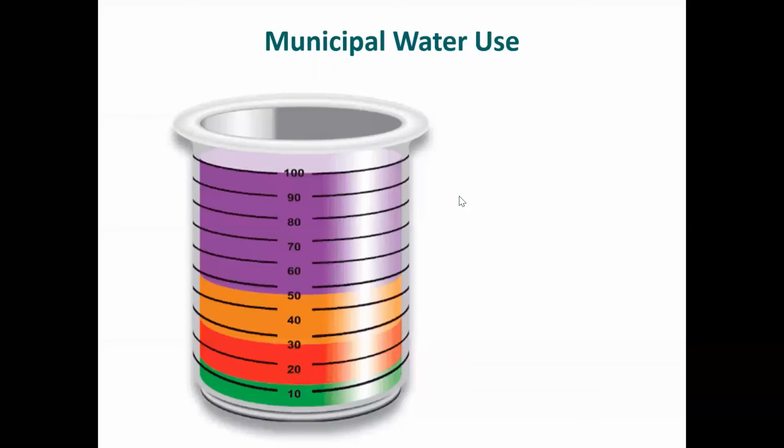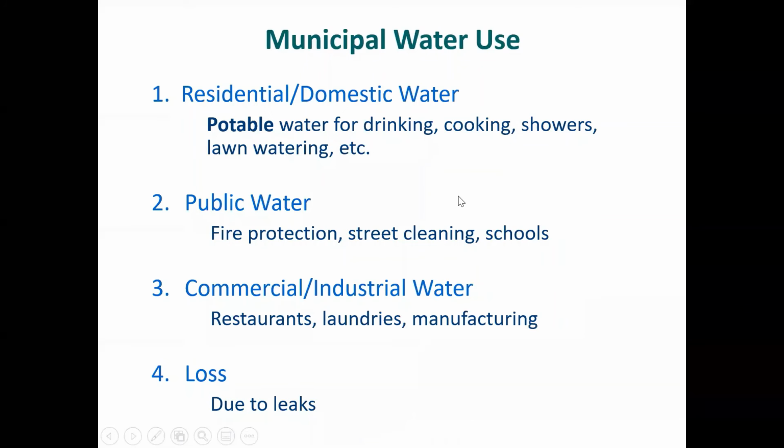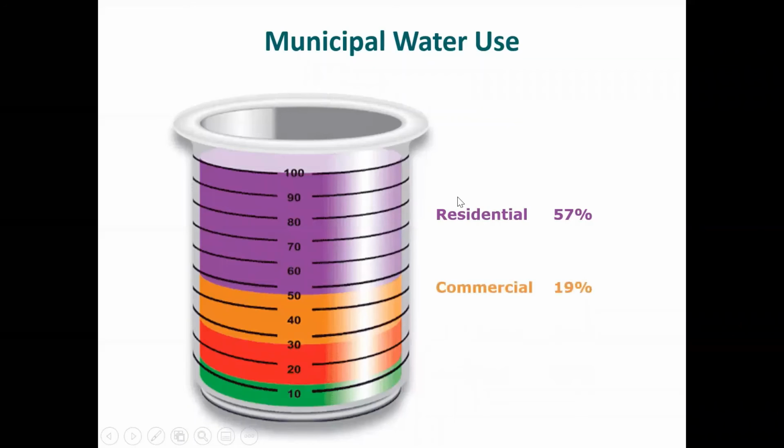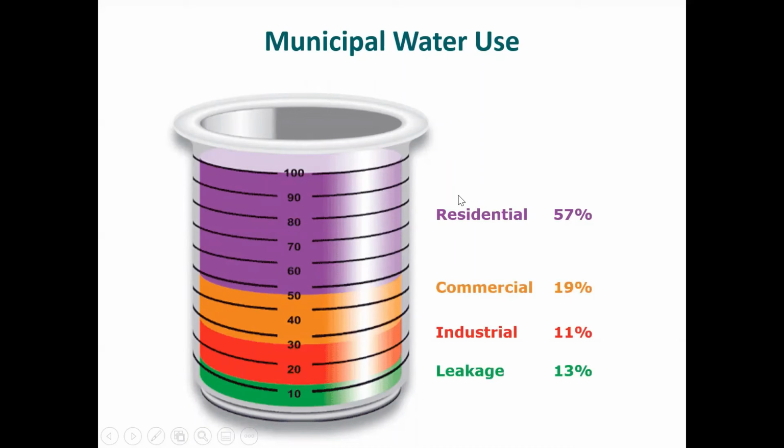So municipal use, like I said, means public and domestic, so household and schools and things like that. Something I wanted to point out is that leakage is a really big deal as well. It depends on your city and often how old it is.